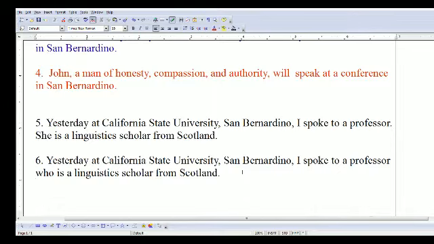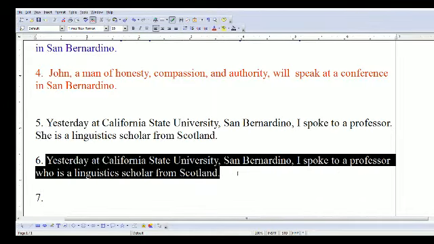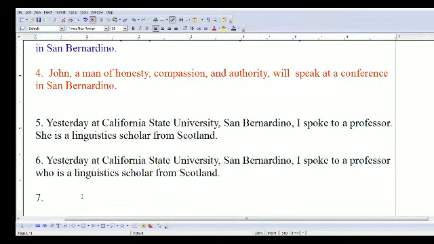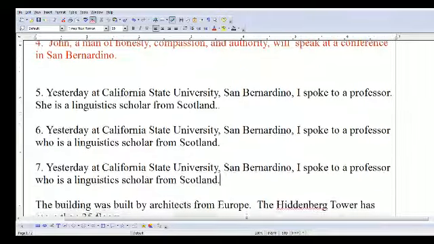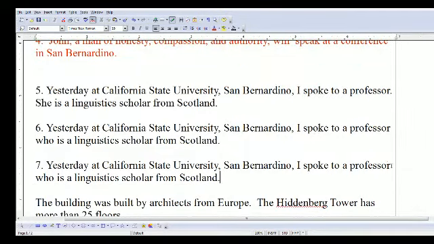Okay, let's go to number 7. So you could also say this. Yesterday at California State University, San Bernardino, I spoke to a professor. In this case, I'm going to now use an appositive. A linguistics scholar from Scotland.